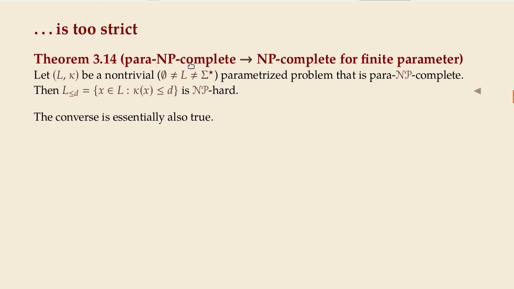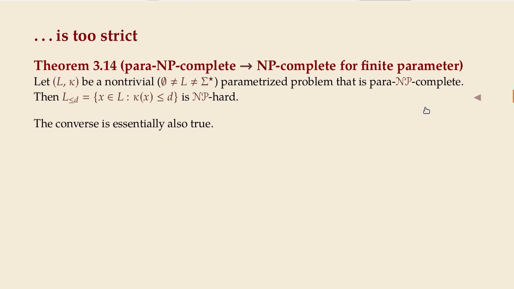And we've looked at the class para-NP. But we found that, unfortunately, that class is too mighty in a sense, so that too many problems fall into the class, so that too few problems are complete for the class, right? So the class is too powerful or contains too many problems.